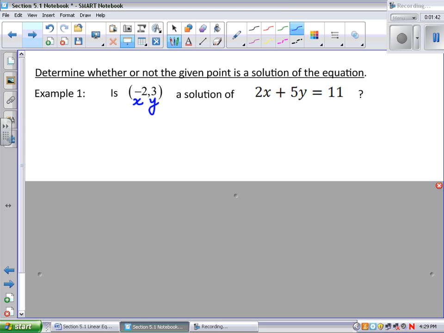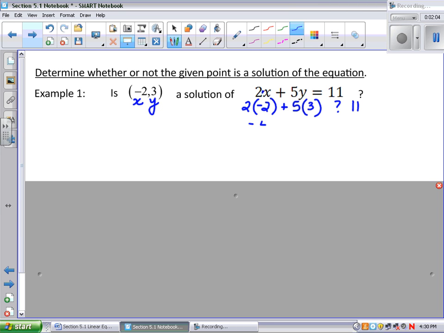So what they're asking us to do here is substitute -2 in for x. 2x means 2 times x, so this means 2 times, we're going to substitute in -2, plus 5 times, we're going to substitute 3 in for y. Is that equal to 11?